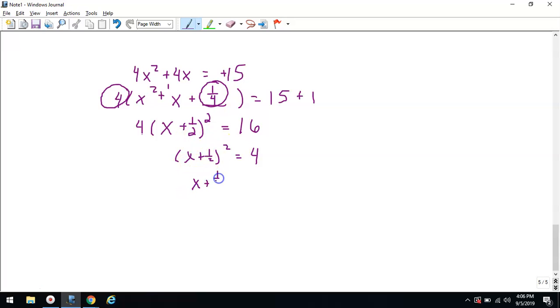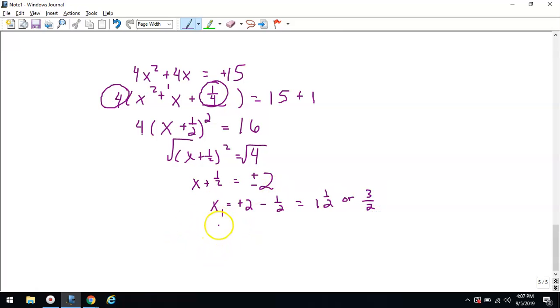So now I have x plus 1/2 is equal to positive and negative, take the square root, I meant, you guys. Positive and negative 2. And then subtract 1/2. So x sub 1 is going to be positive 2 minus 1/2, or 1.5, or 3/2.